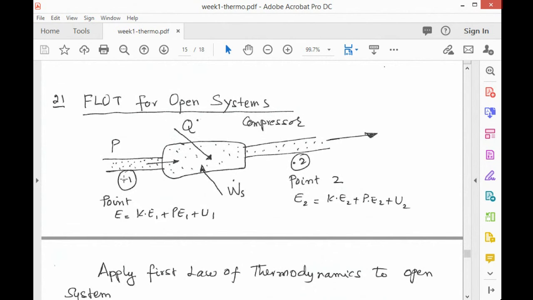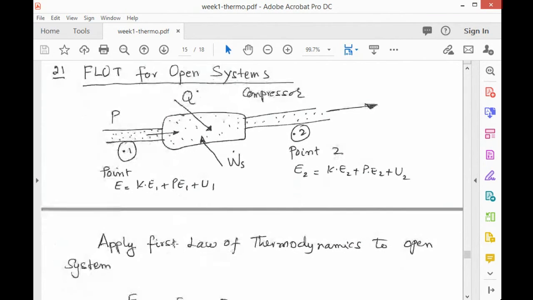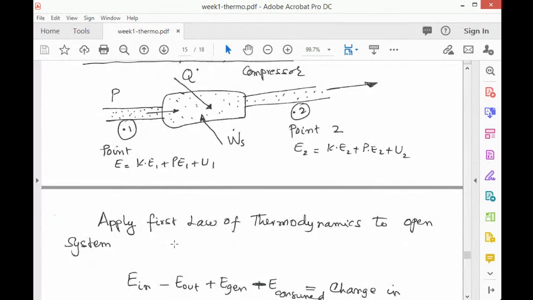At point number 1, I will say the energy in the gas is the sum of kinetic energy plus potential energy plus internal energy at point 1. At point number 2, I will have kinetic energy plus potential energy plus internal energy at point 2. Now I will apply the first law of thermodynamics.